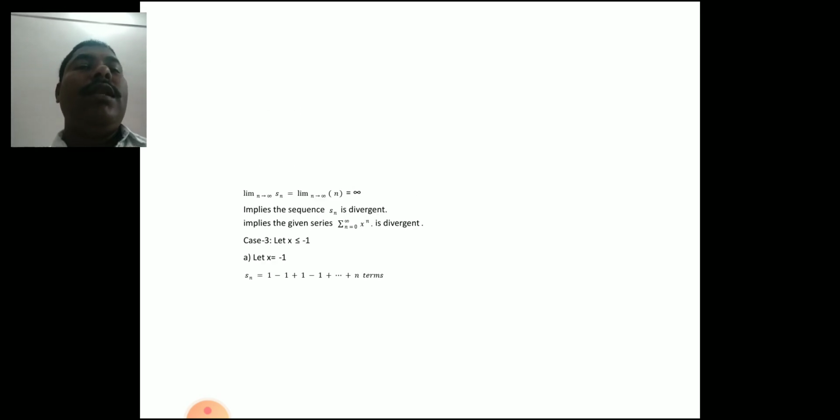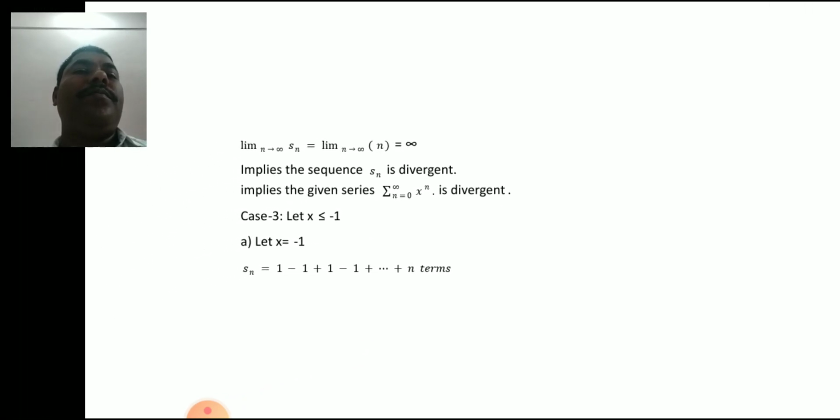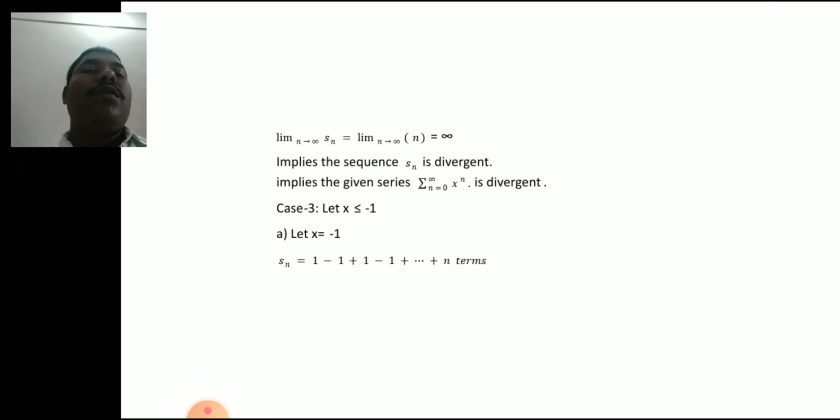Next, limit of Sn as n tends to infinity is equal to limit of n as n tends to infinity. When we apply the limit, we get infinity. That means the sequence Sn is divergent. So finally the series summation n equal to 0 to infinity is divergent.